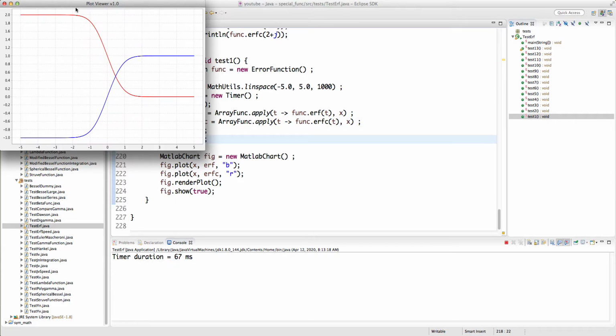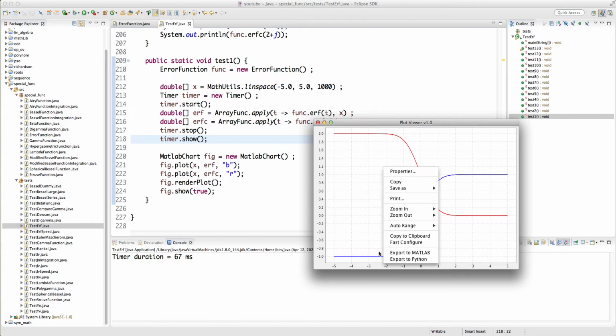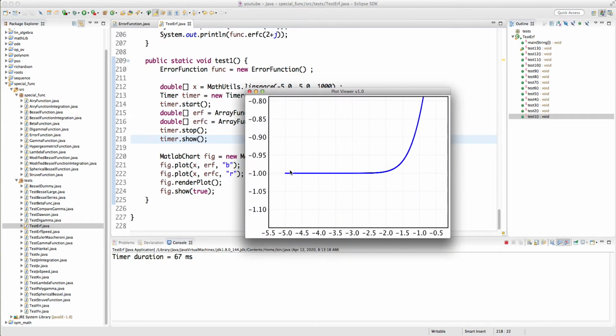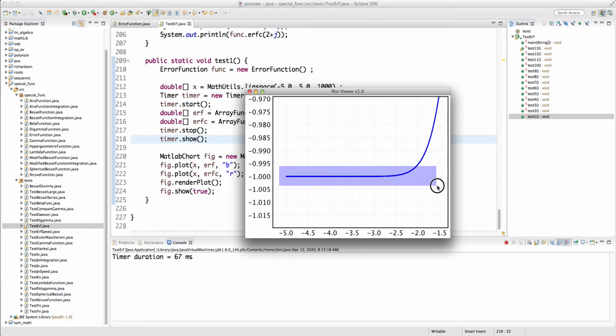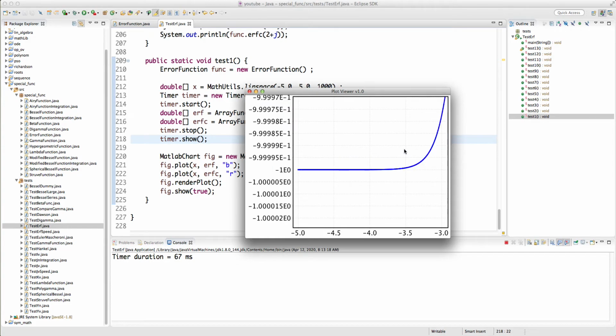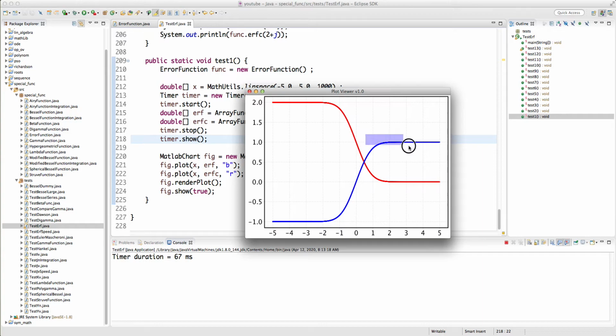It's very fast. It took only 67 milliseconds to do 2000 evaluations. So as you can see, the error function is the blue curve, and outside the -3 we are pretty much there. So it's really a very small variation.